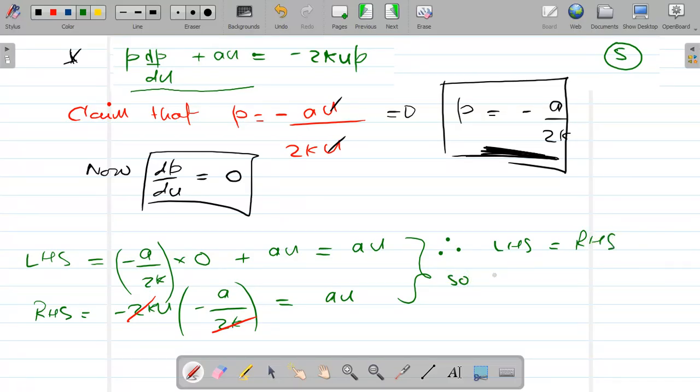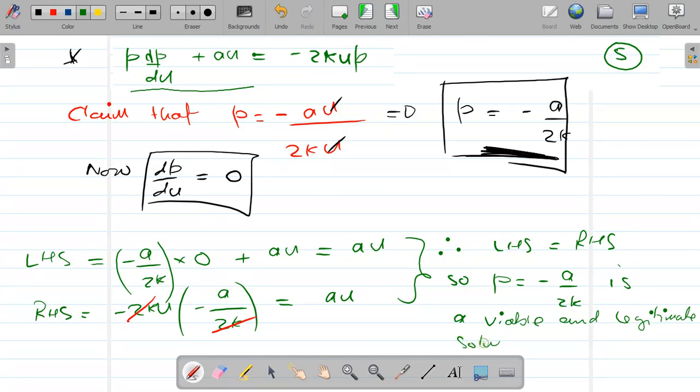So P equals minus A over 2K is a viable and legitimate solution. We'll write that there.